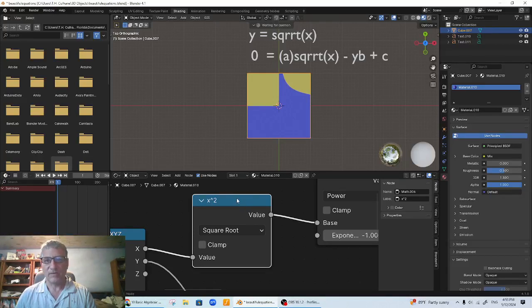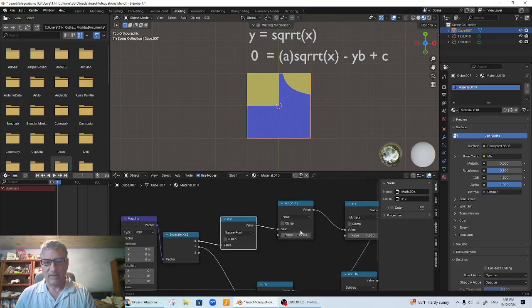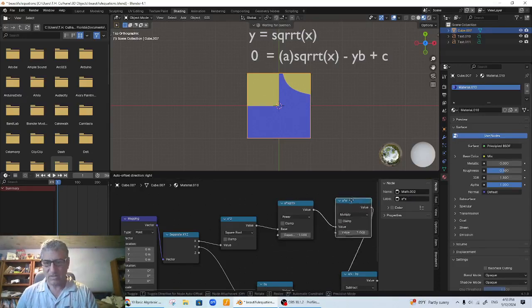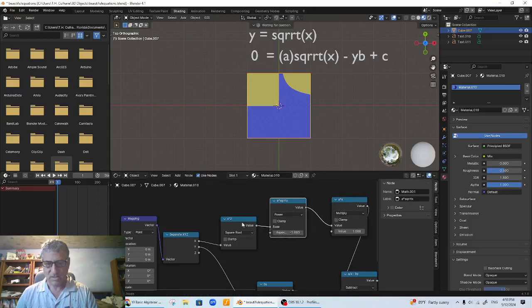Equals the square root of x, and then this would be square root, or say a times square root of x, and then this one here is x squared, that's a square root of x. What is this one here?